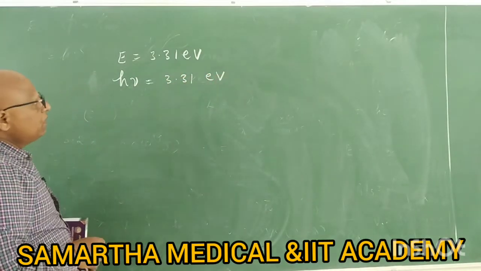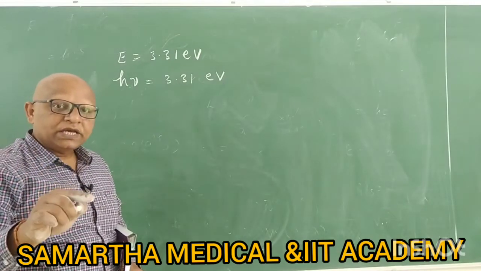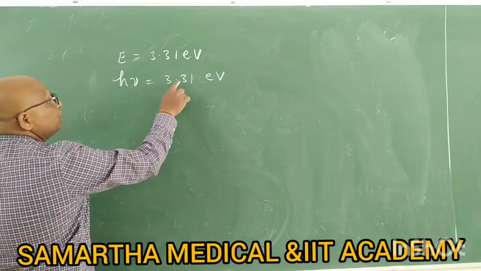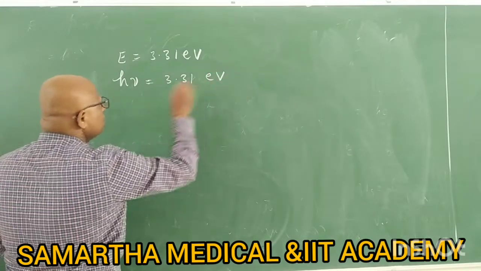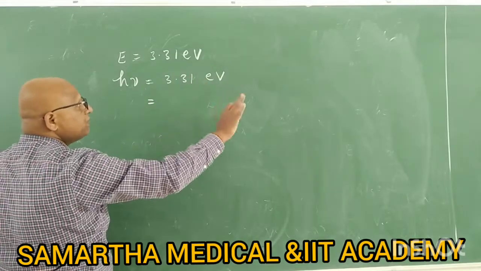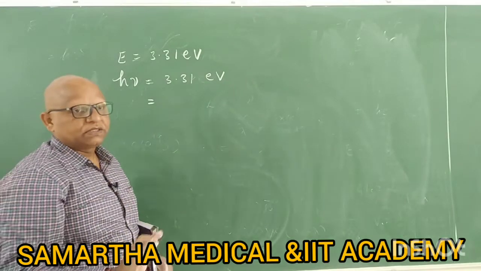Okay. Now eV is not the SI unit. eV is not the SI unit. To calculate frequency from the energy, you should convert this eV into joule. Don't think that 3.31 eV is the SI unit. It is not the standard unit. It is only for our understanding purpose.